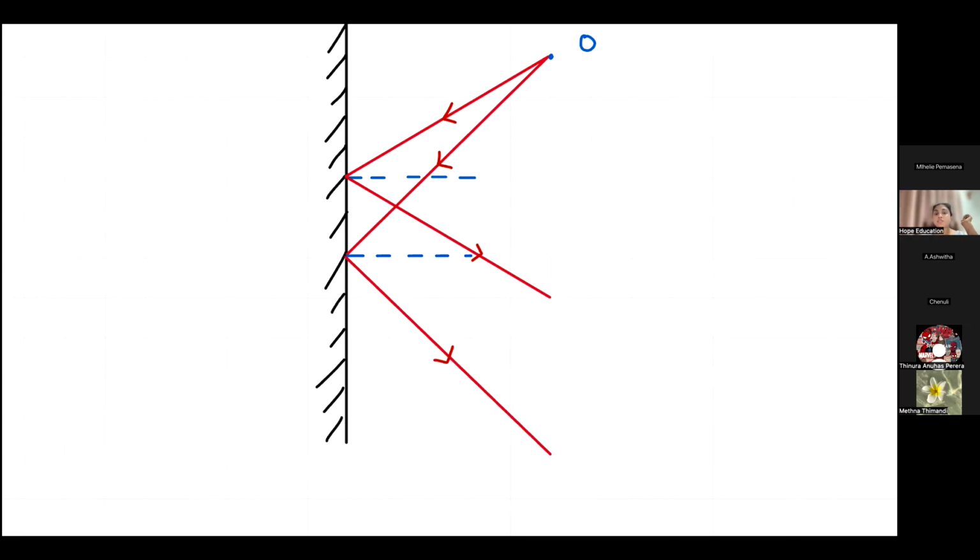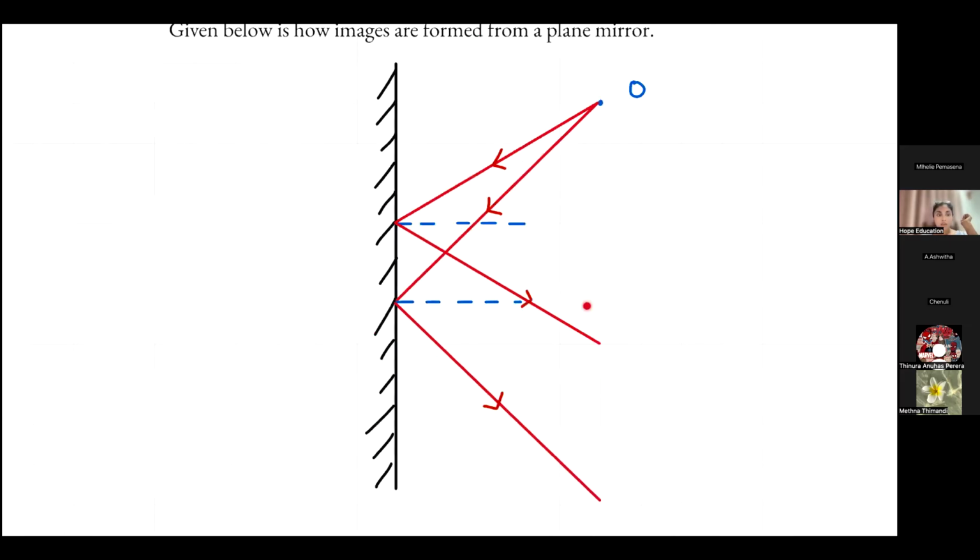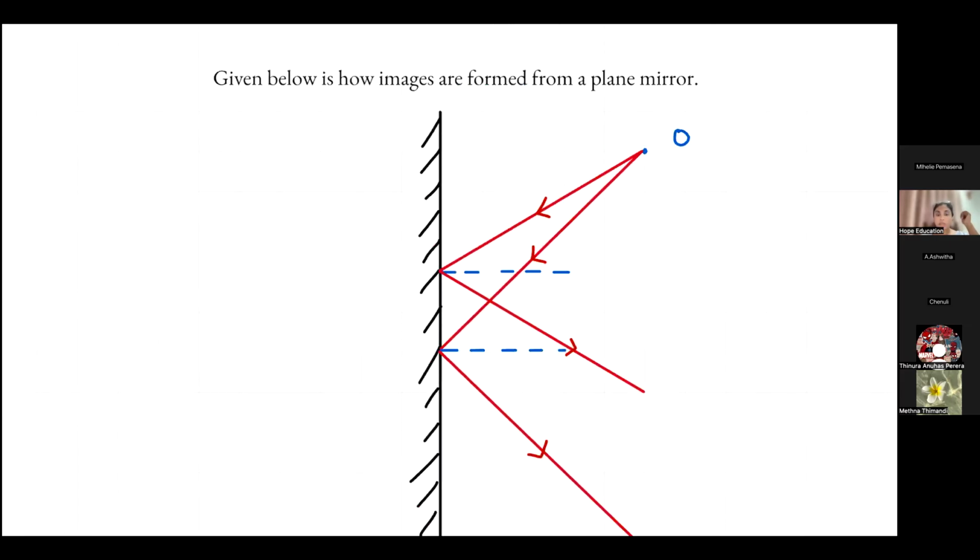So we have only one option. If they don't meet in front of the mirror, we assume they meet behind the mirror. Since these reflected light rays don't meet in front, I extend them backwards. Like this.